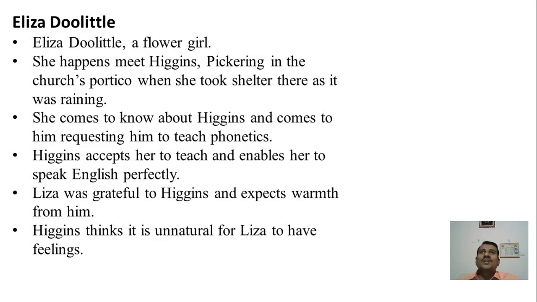This is a criticism against British society. British society feels very snobbish, proud and superior over others, the people of the lower strata of the society, and they consider that people of the lower strata will not have any feelings. Just like that, Higgins treats Doolittle very harshly.